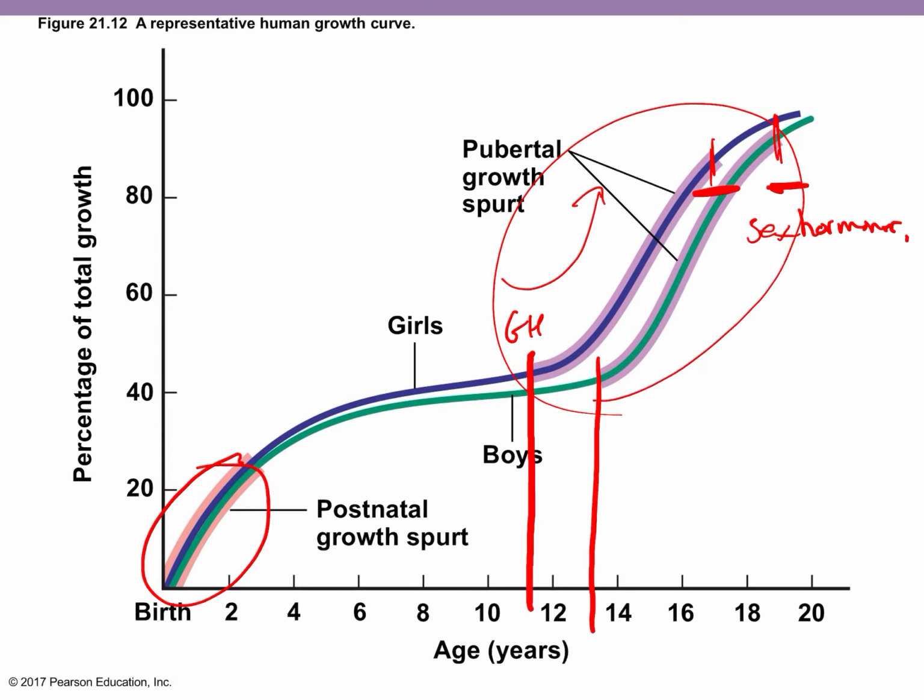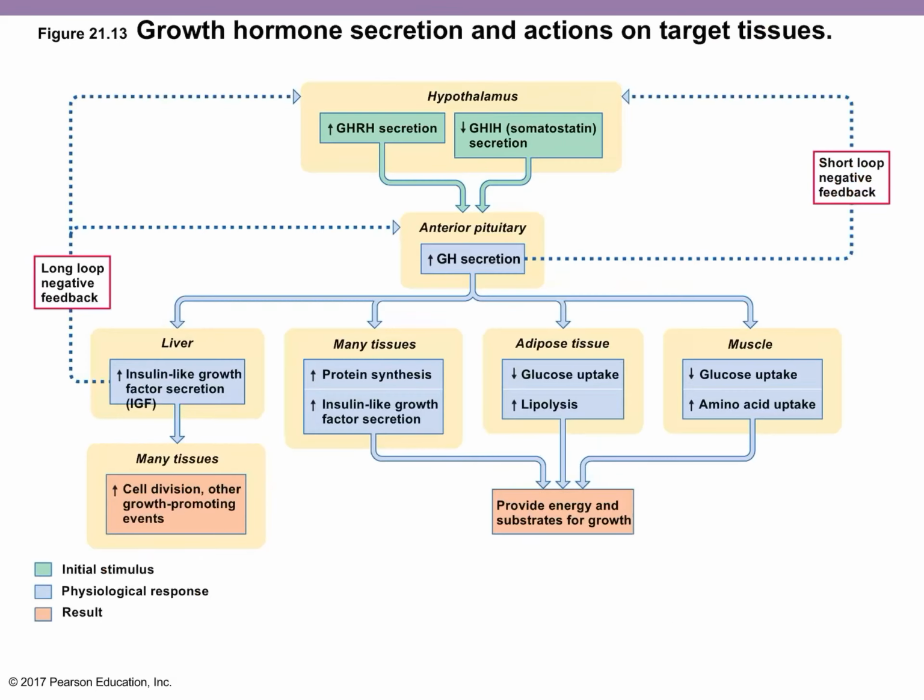All right, so let's take a look at the flow chart. Okay, so here's our growth hormone. What promotes the secretion of our growth hormone? There's going to be control of the release of growth hormone by our hypothalamus, and this is going to be growth hormone releasing hormone, right?